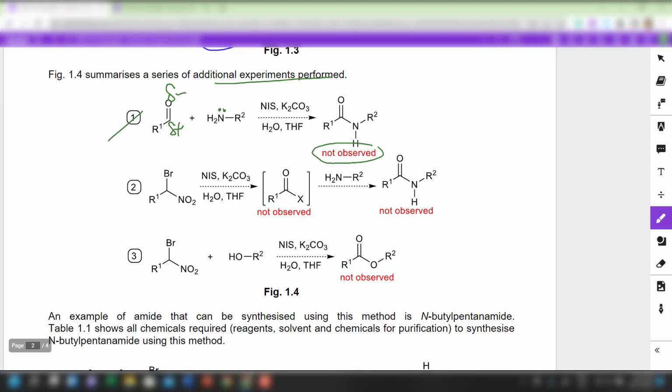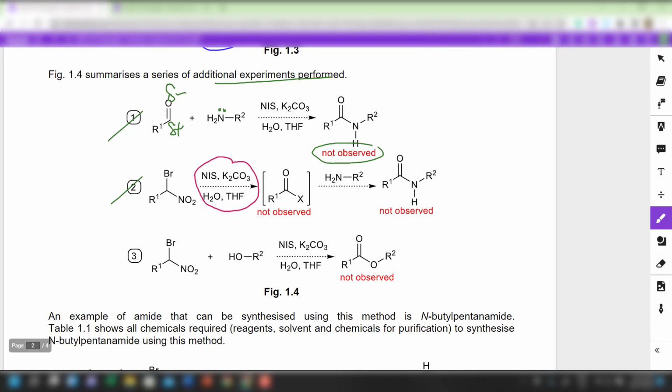Okay, and then if you look at the second experiment, you have the nitroalkanes, and then again they are trying to observe when you incorporate all this in, am I going to get some form of acyl halide-like species?